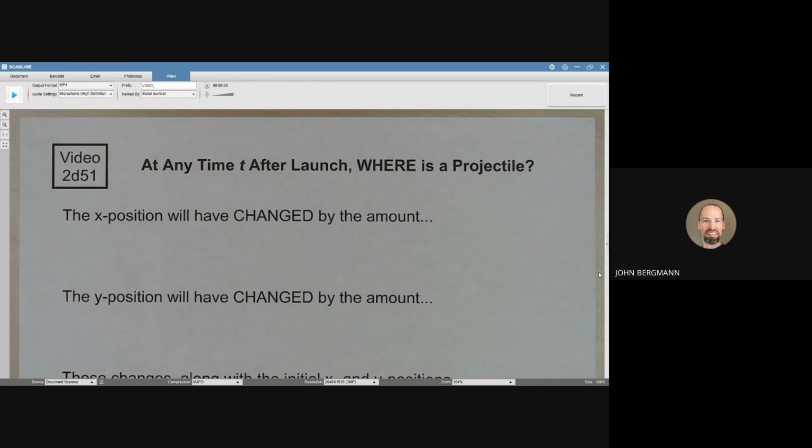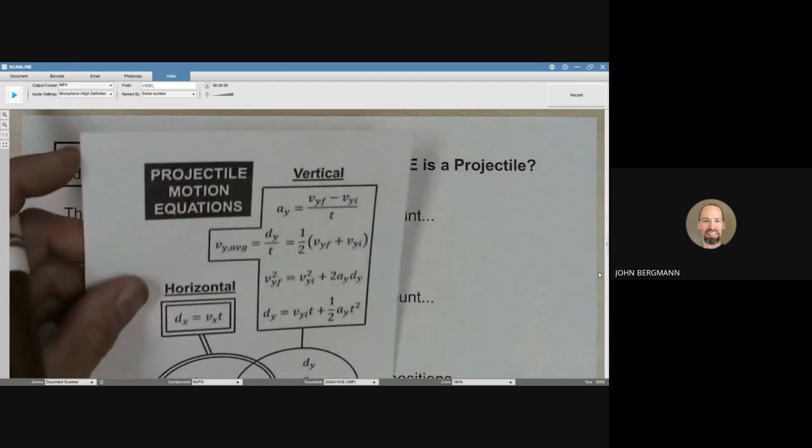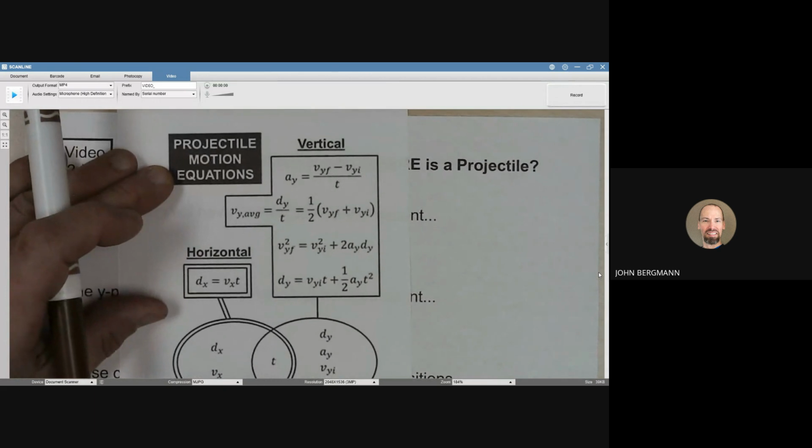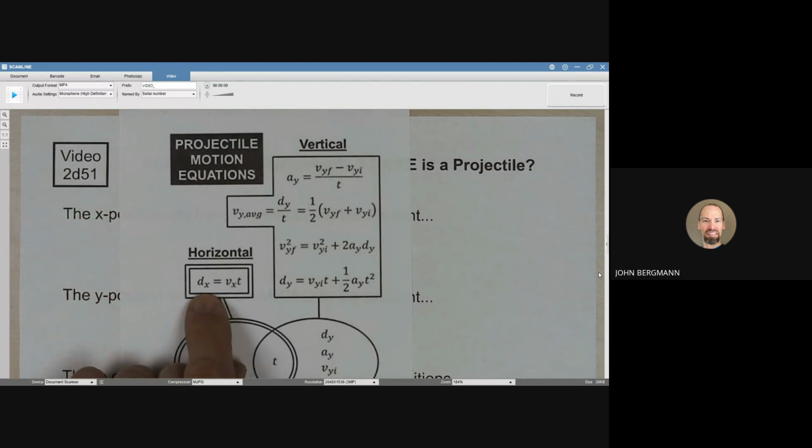In this video, we figure out at any time t after launch, where is a projectile? The x position will have changed by some amount, the y position will have changed by some amount, and by what amounts will those change? Right here. The x position will have changed by this amount, right there. The y position will have changed by this amount, right here.